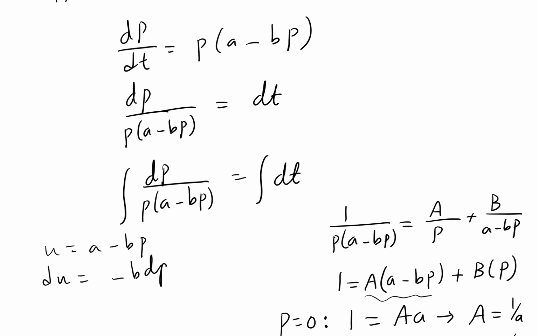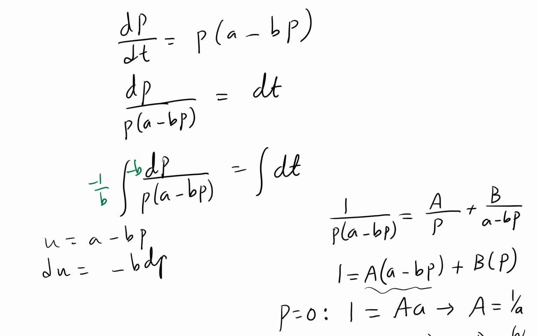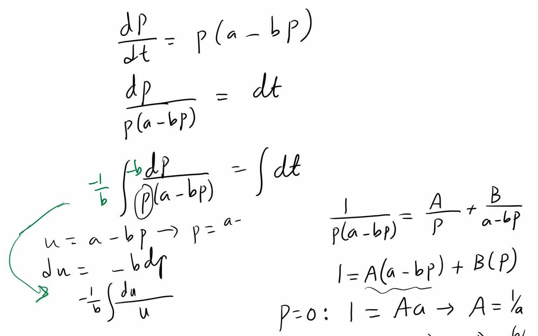So if you multiply here by negative B and then negative 1 over P there, this becomes negative 1 over B. The top is du and the bottom there's a u here. And then what happens to this? Okay, so he solved for P here: A minus u over B. Then what?